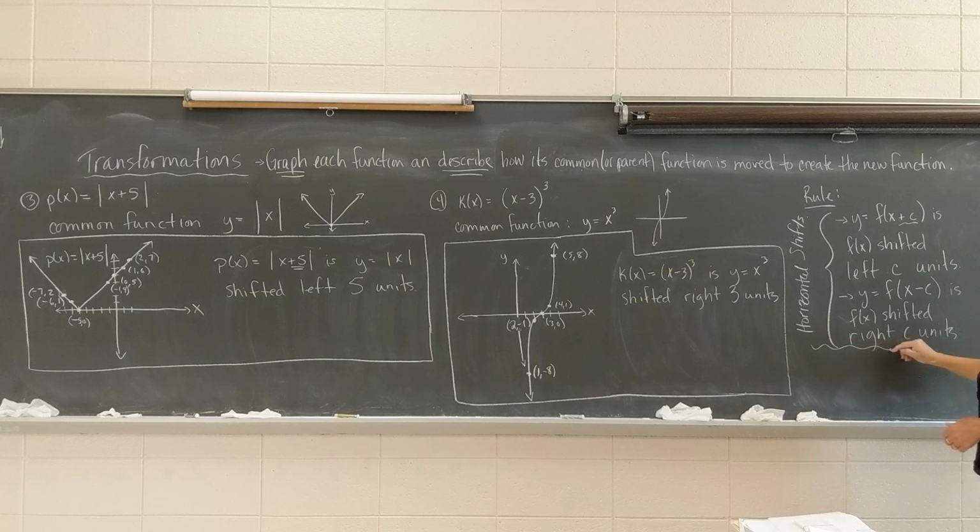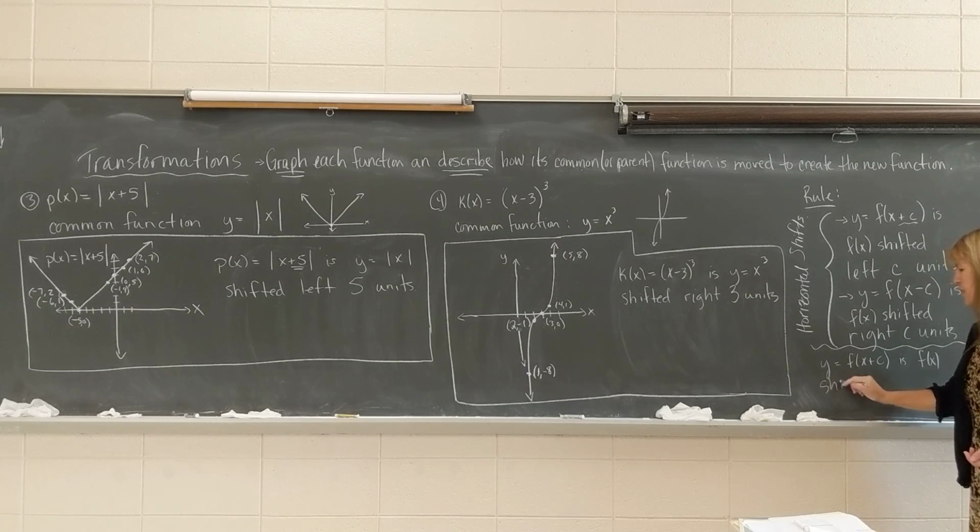And I can put it together and merge it as one rule if I'd like. And I could say y equals f of x plus c is f of x shifted, and this time I'm not going to say left or right, I'm just going to say horizontally c units.